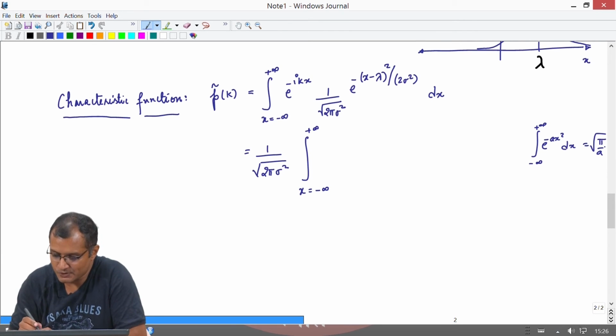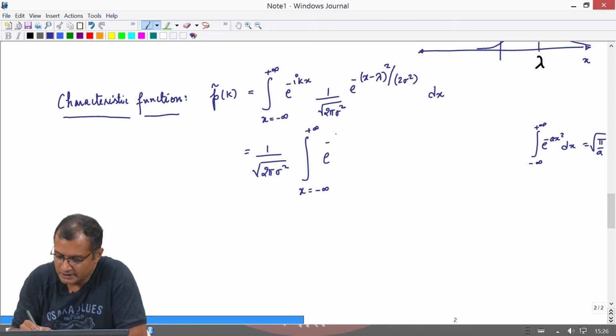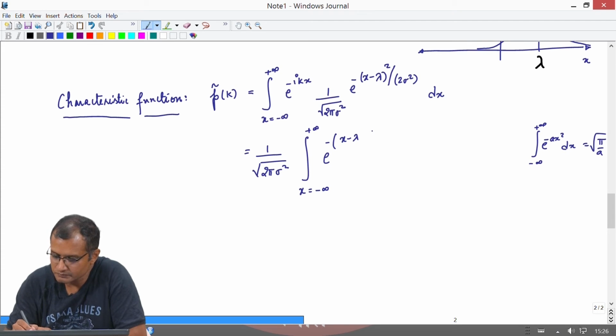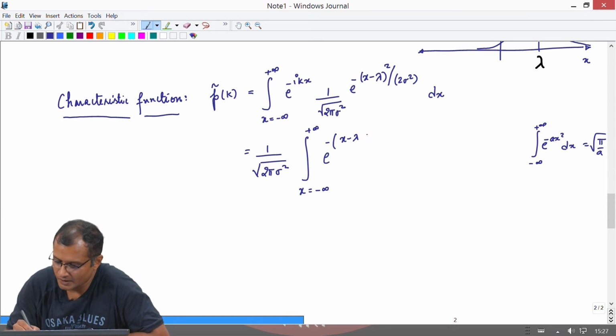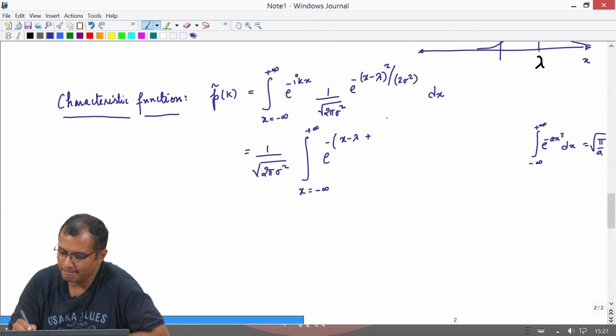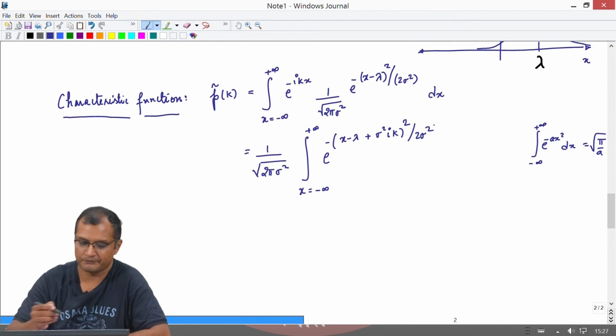So, I am going to combine these two exponentials and write down a single exponential with power x minus lambda, and that would give me x minus lambda the whole square plus sigma square I k to the power 2 by 2 sigma square. Okay.